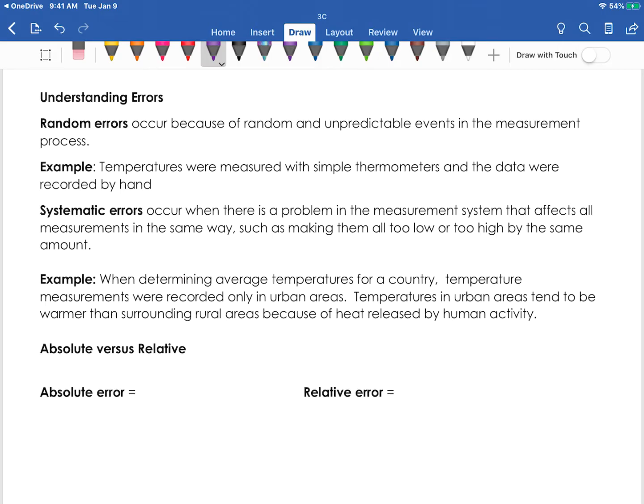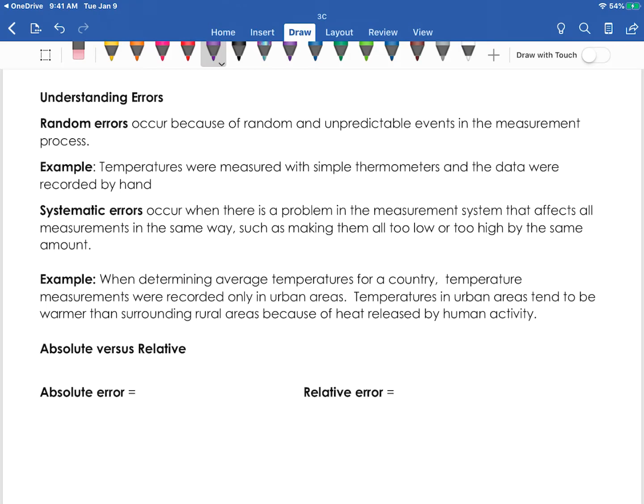Okay? So now that you have an idea of the difference between random errors and systematic errors, let's go through another example that I have here in the notes. We have an example of a random error where temperatures are measured with a simple thermometer and the data was recorded by hand.